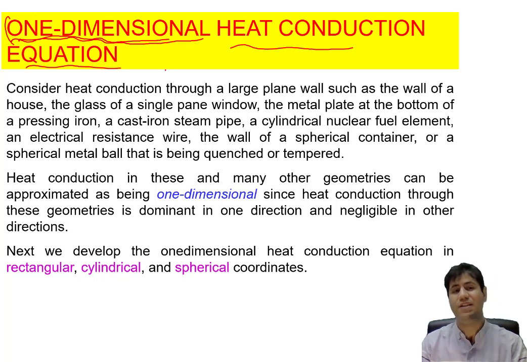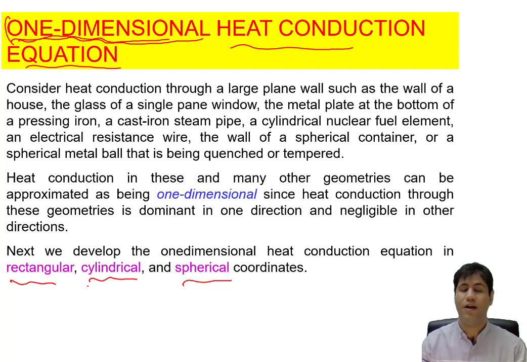For the one-dimensional heat conduction equation, we will develop the equation in three different coordinate systems: rectangular, cylindrical, and spherical. And here you will see why we are going to use these three coordinate systems, because it will simplify our calculation, and you will see that in the process of the development of this one-dimensional heat conduction equation.